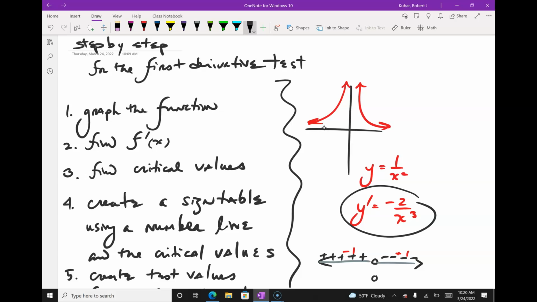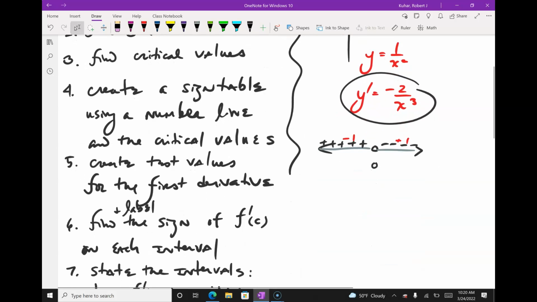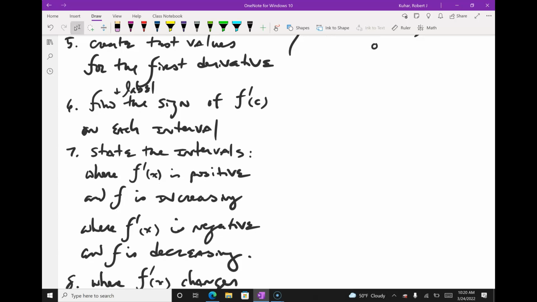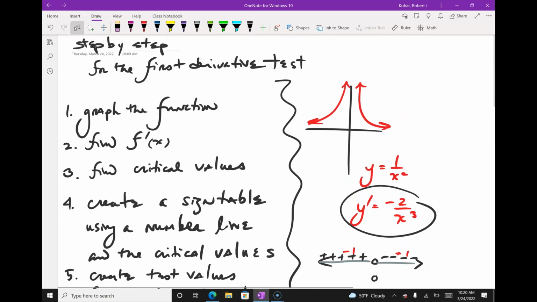Yeah, I saw what you were saying. It's just that when you're finding a min or max in the past, we've always had the intervals. Yeah, you'll see. I'll do a couple of examples. This is the easiest case to show you that there's no min or max between those two, even though the derivative's changing from positive to negative.